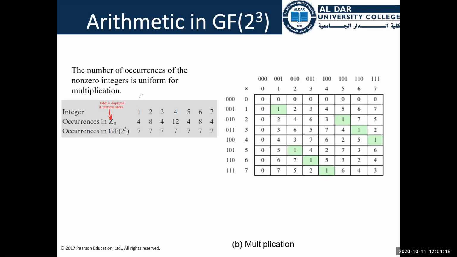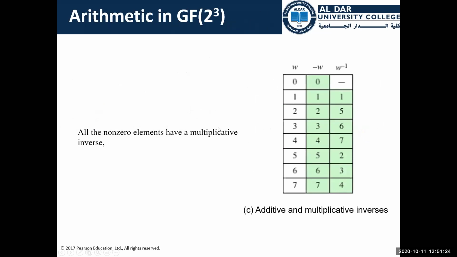Okay, so let's continue. Now we have a multiplicative inverse for all the numbers in GF of 2 to the power 3. But there is a problem here. You see 5 has a multiplicative inverse of 2.